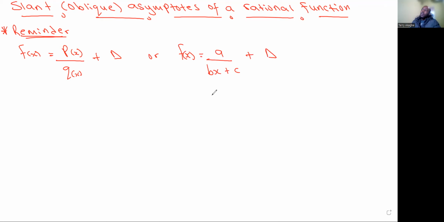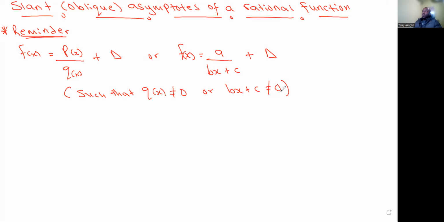All these are forms of a rational function. Or you can also have a constant and a different polynomial. Regardless, a rational function is a ratio of polynomials. But remember, for this to be true, q of x cannot be equal to 0, or bx plus c cannot be equal to 0.